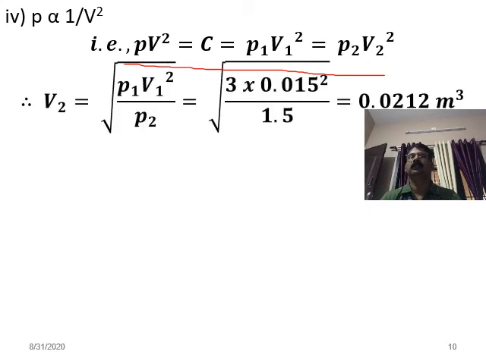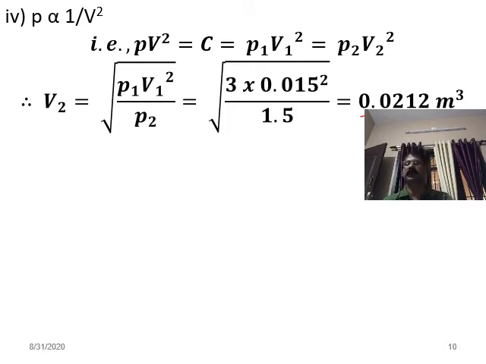Now once again you can find out V2 using this equality. So you can find out V2 as square root of P1 V1 square by P2, and after substitution you will get the final volume V2 as 0.0212 meter cube.